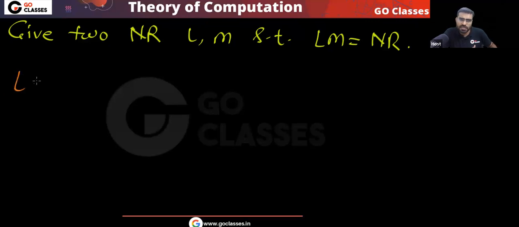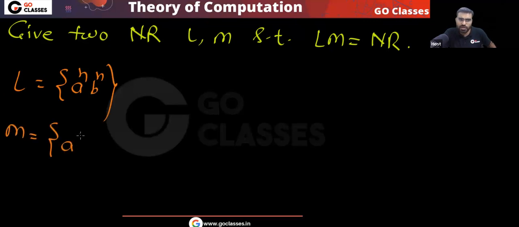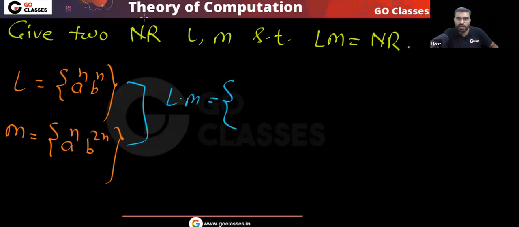Very easy. Just take L equal to a power n, b power n. And take M equal to a power n, b power 2n, or whatever. Tell me what L dot M will be.